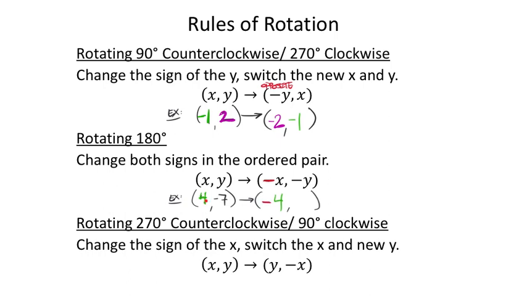So where this used to be a +4, after the rotation it would become a -4. Again, it's the opposite. So if I look at the -7 y value here, which is negative, I would have a 7 value here for my y, but the opposite of -7 would be a +7. So this would be the new image ordered pair after 180-degree rotation of the original preimage point of 4, -7.